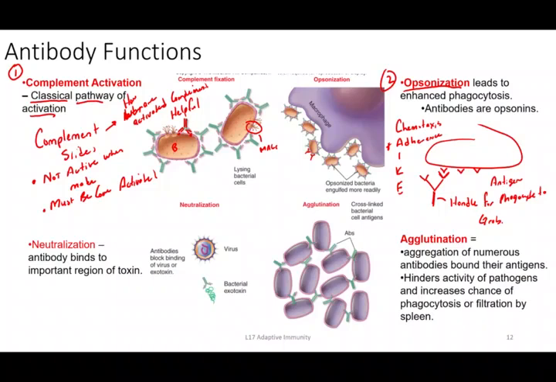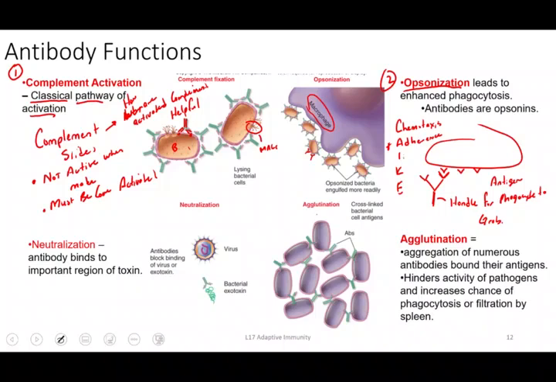So anything that we can make it easier for our phagocytic cells. So in this particular example, it says macrophage. And that's usually the one that does most of the ones with antibodies attached. But nonetheless, that stem region is an easy place for immune cells to grab onto for this adherence step.